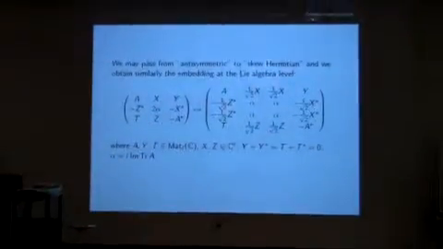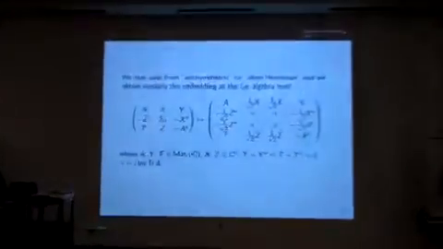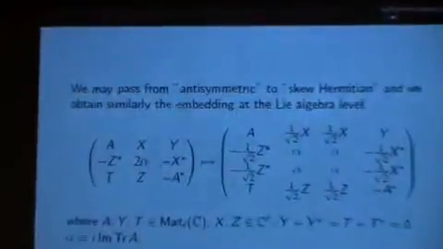What about our case? Our case is very similar to what we did with Boris Doubrov. So simply, instead of skew symmetric, we take skew Hermitian, and we obtain a similar embedding.